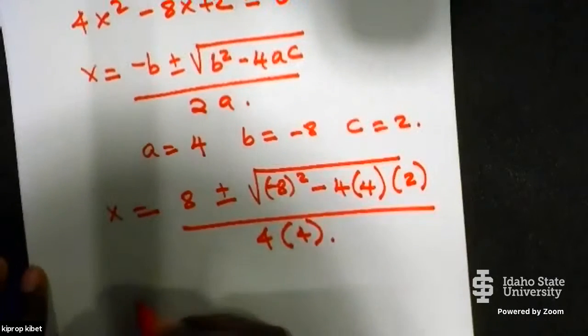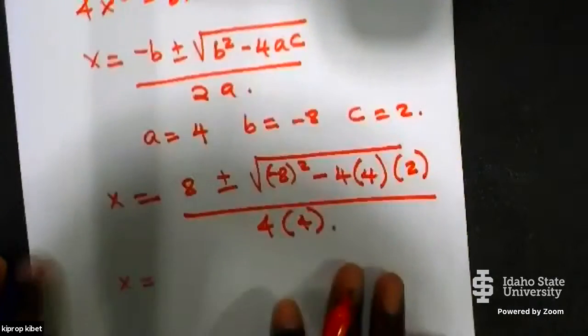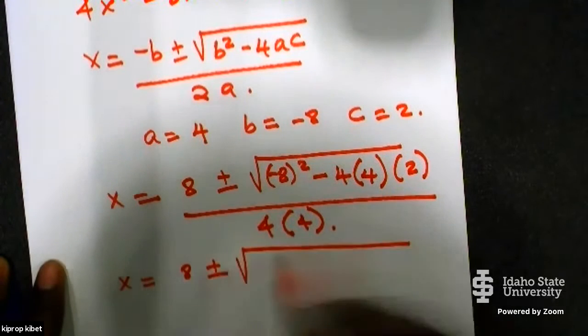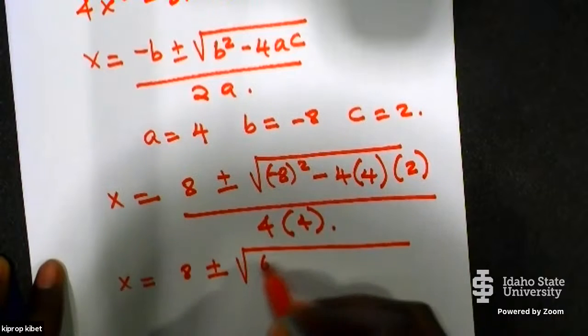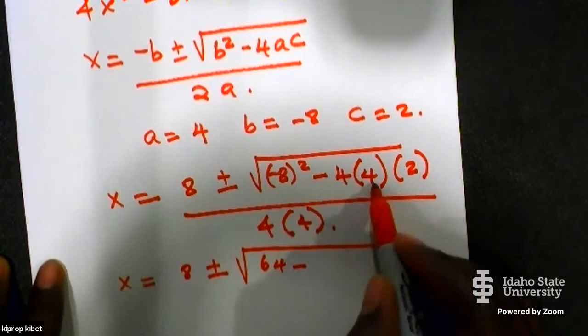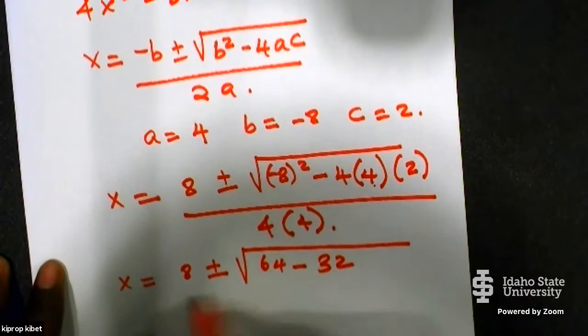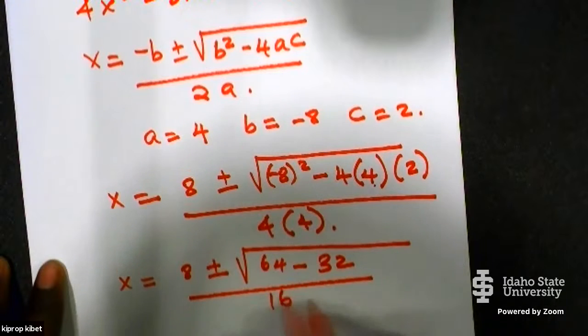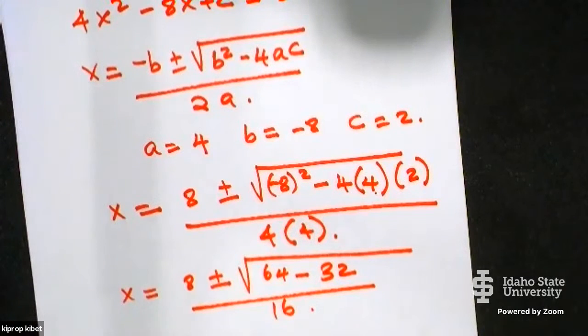So the next step is x equals 8 plus or minus the square root of 64 minus 16 times 2, which is 32, all over 16.